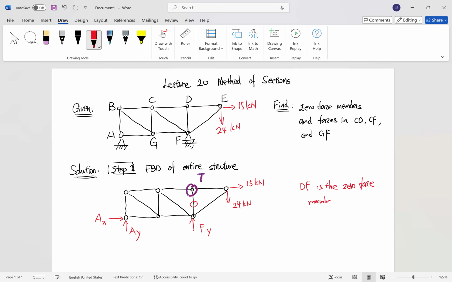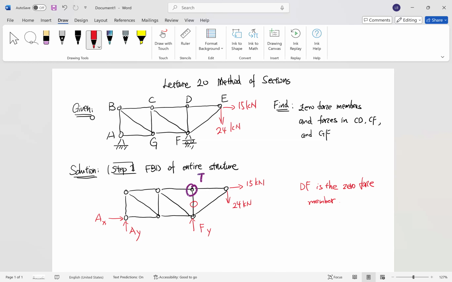Okay, so in practical engineering, for example, in the example that we've been talking about in the previous class, it can have four zero force members there. So for a structure, it can have only one zero force member or multiple zero force members.